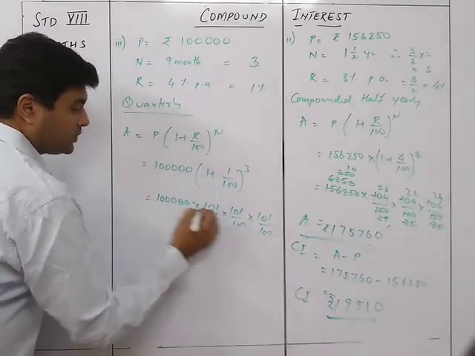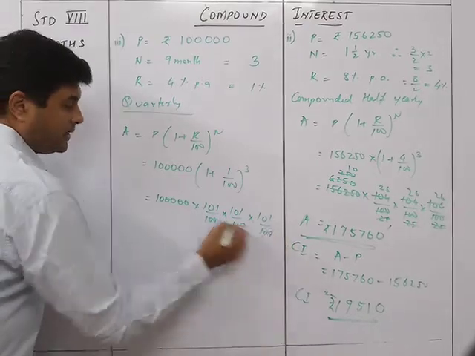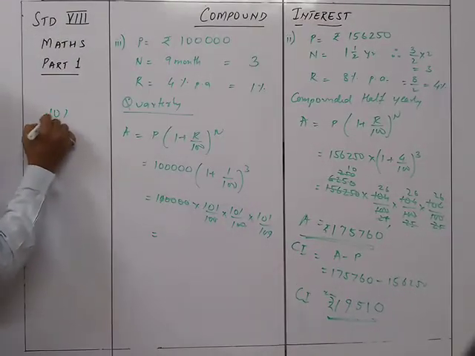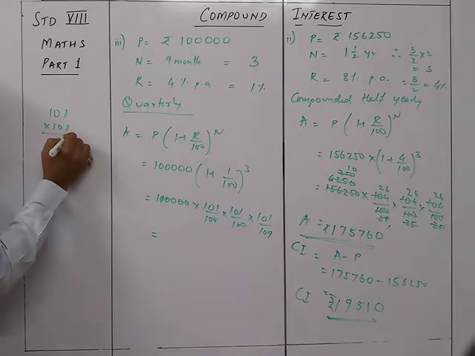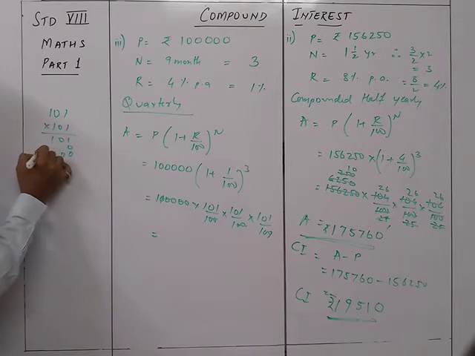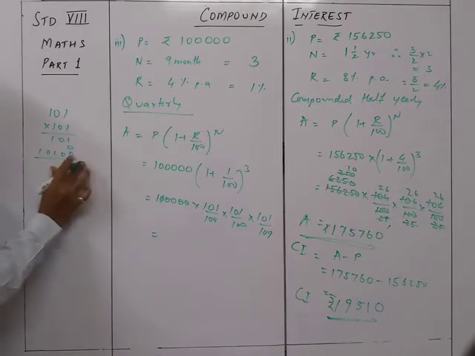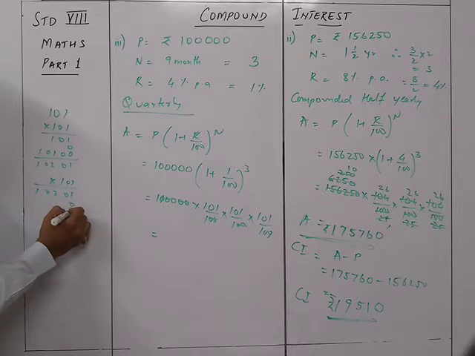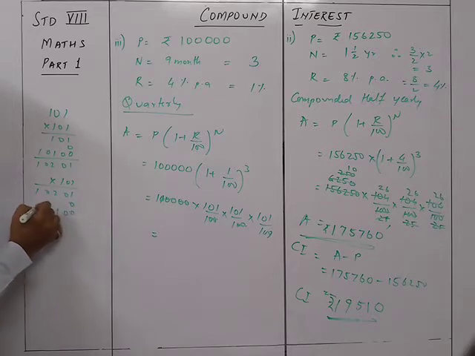The zeros cancel. So this will be 101 into 101 into 101. 101 into 101 is 10,201. 10,201 into 101 will be 1,030,301.